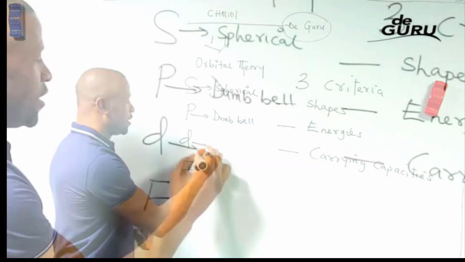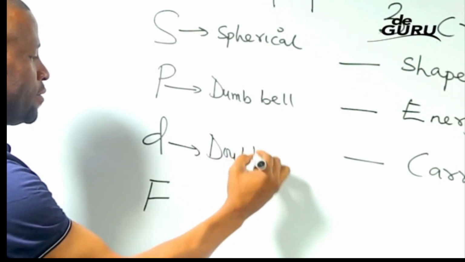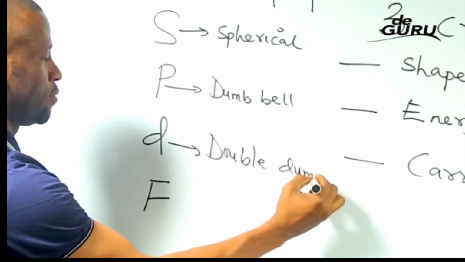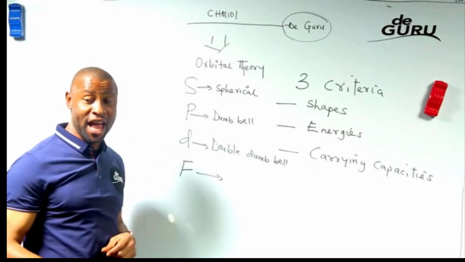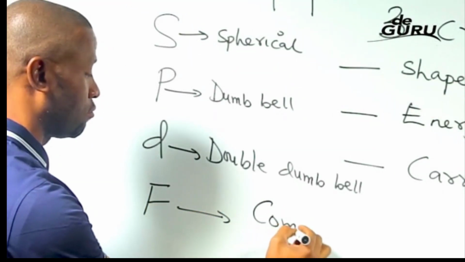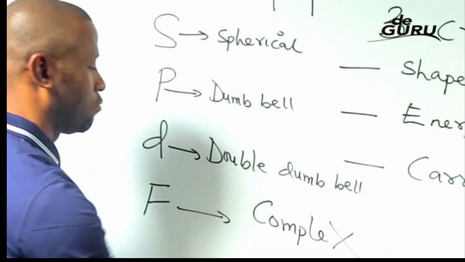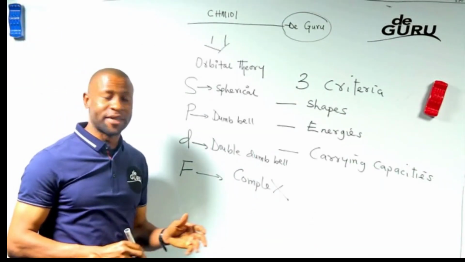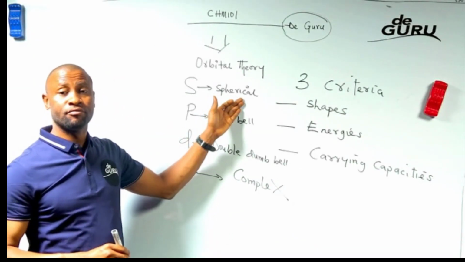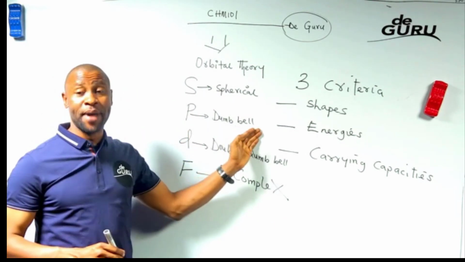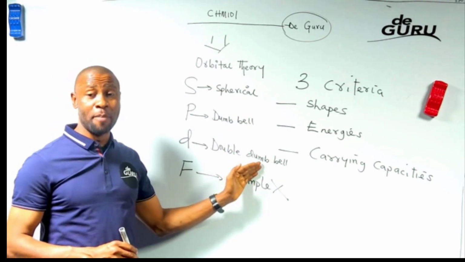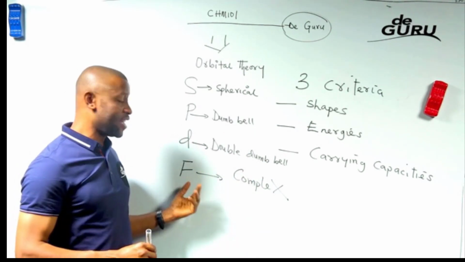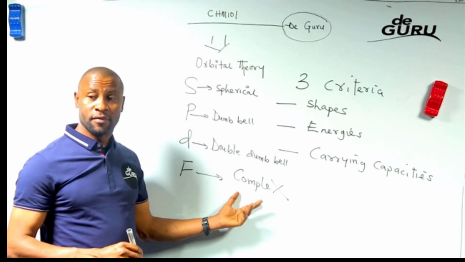The d orbital is double dumbbell. We can simply say that the f orbital is complex. S orbital is spherical in shape. P orbital is dumbbell, like figure 8. D orbital is double dumbbell, whereas the f orbital is complex.